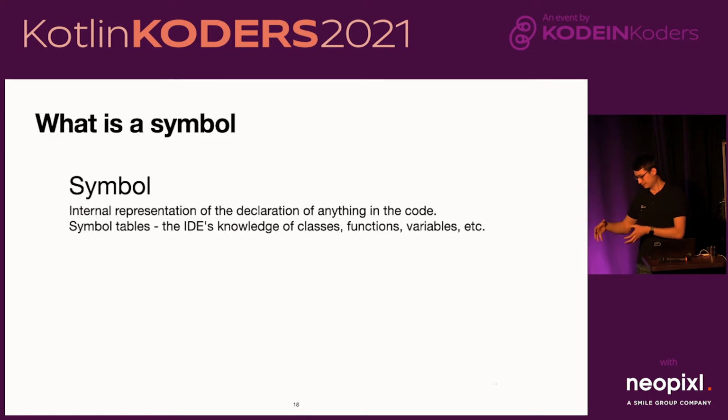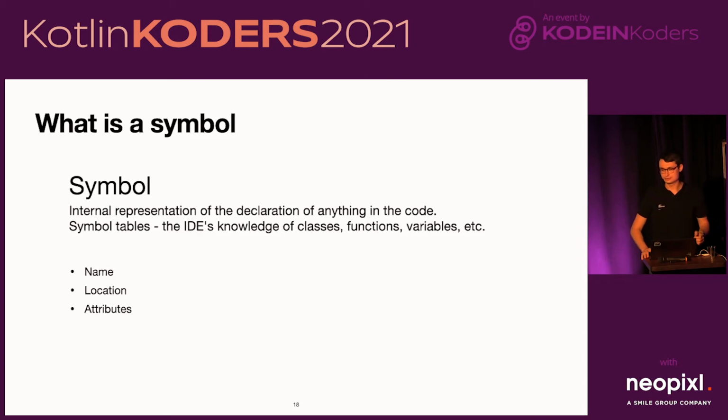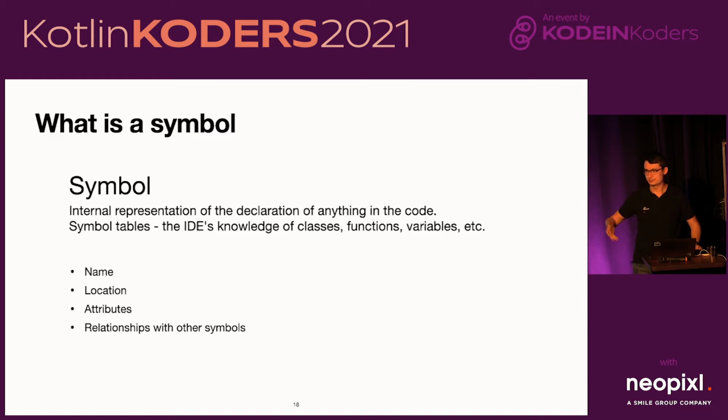So IDE creates a symbol object, and symbol object contains all the information. For example, location in the file. It contains name. It contains some attributes. For class, it could contain relationships with another classes, like okay, I'm child of this class. I implement this protocol, etc.